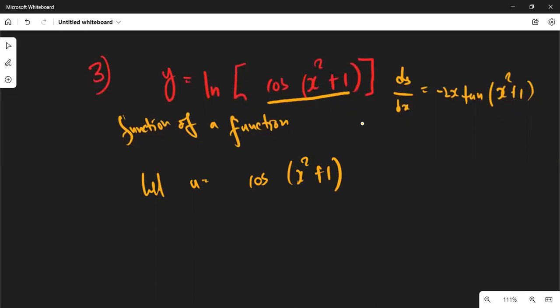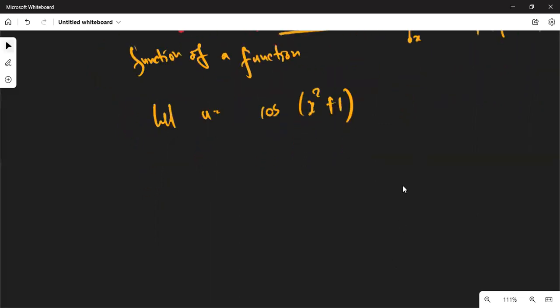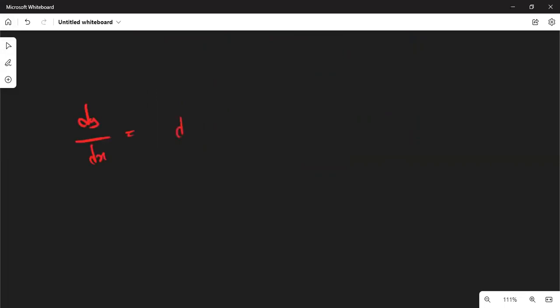By having this as our u, remember when you are working with function of a function, the formula is going to be like this. Let us write our formula down so that it can help us. This is the formula for function of a function. If you want to calculate dy dx, you are going to use this formula, which is dy du times du dx.